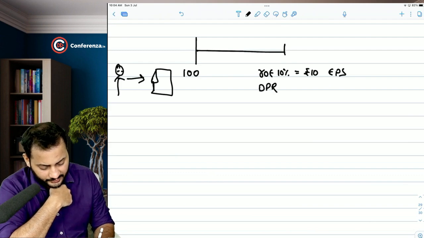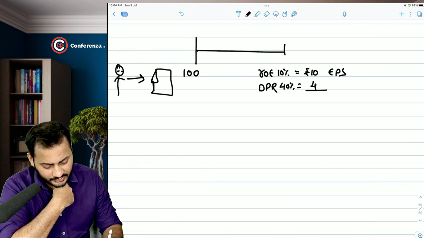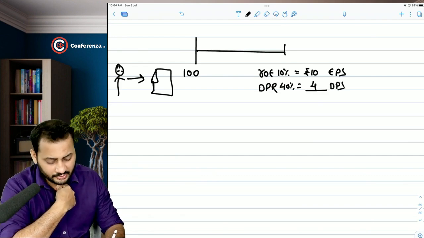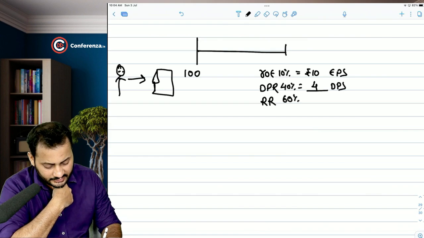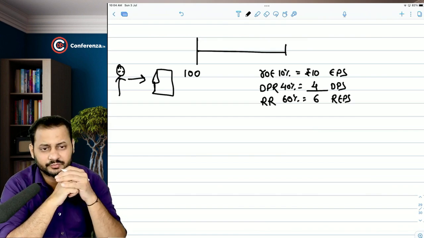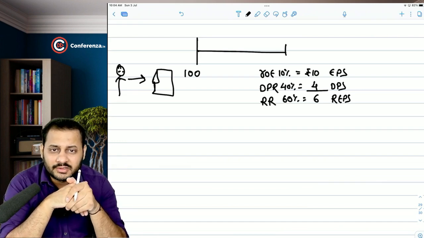So the dividend payout ratio is, let's say, 40%. At that time 4 rupees is given as dividend per share to the shareholder, and rest of the ratio, retention ratio or retained earnings, we can say, is 60%, which is 6 rupees. So retained earnings per share, whatever you call, that is 6 rupees per share.